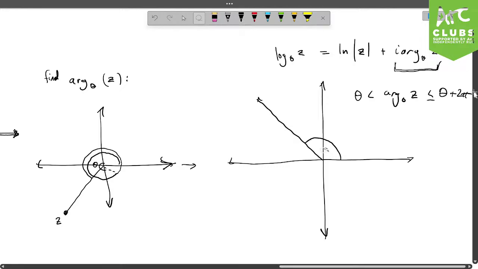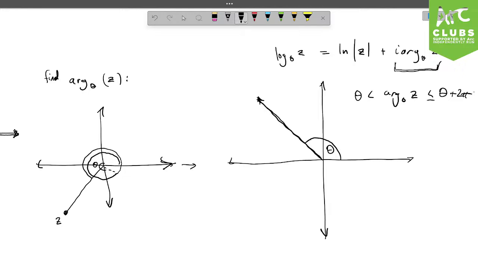So at this particular angle, along this ray at angle theta from the horizontal axis is where it's going to be discontinuous, because the argument of a point here is going to be very close to theta plus 2 pi, but the argument of a point here is going to be very close to just theta, right?